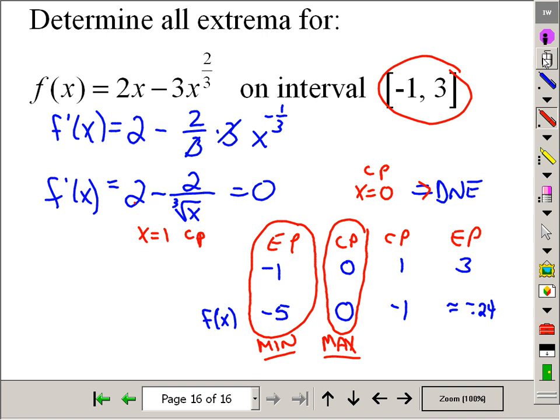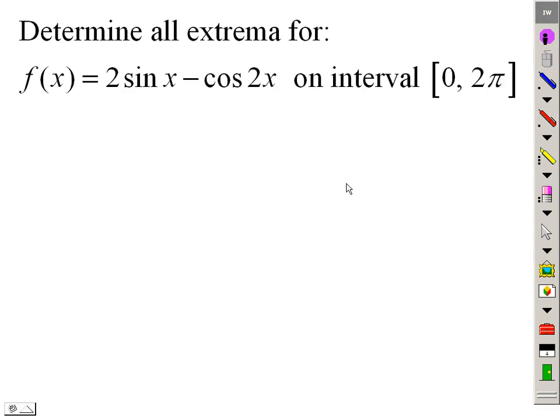Excellent. Okay. Let's set up one more problem. Don't get nervous just because it's a trig function. For this one here, 2 sine x minus cosine 2x on the interval from 0 to 2 pi. Before we start this problem, I want you to press mode and verify that your calculator is in radian mode.